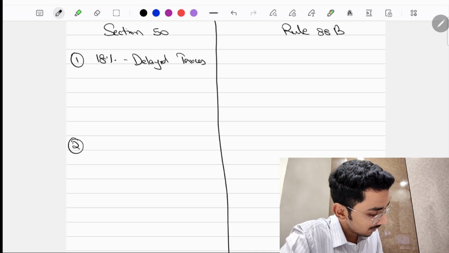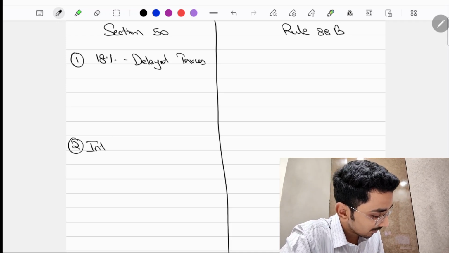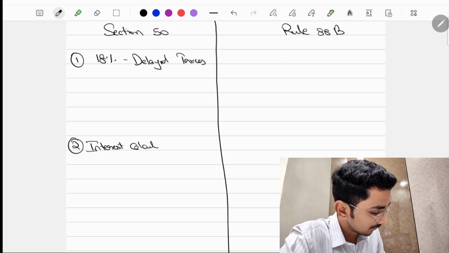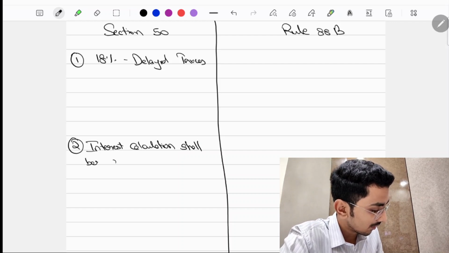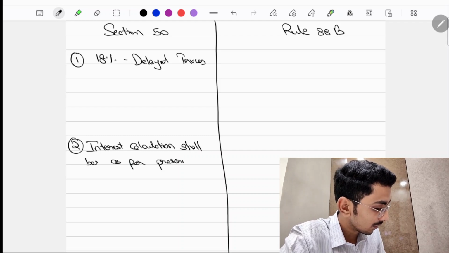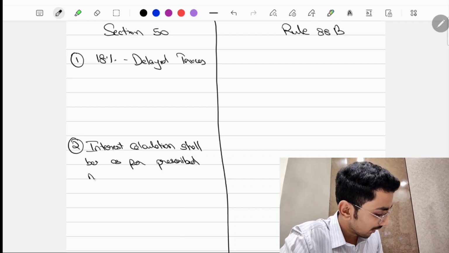Subsection 2 tells that calculation of interest shall be as per the prescribed manner.